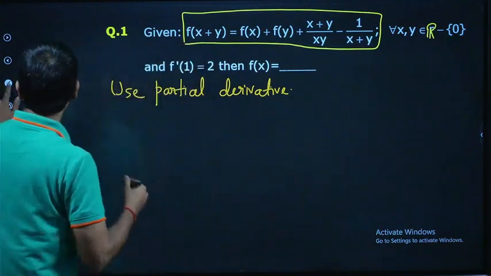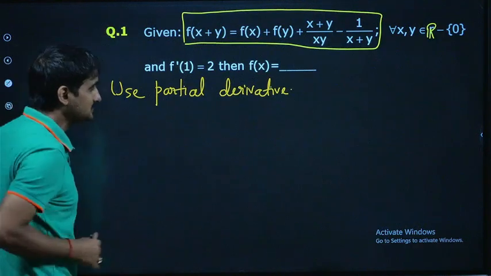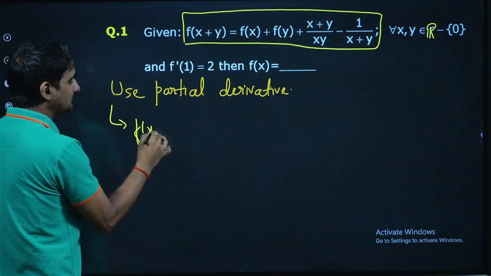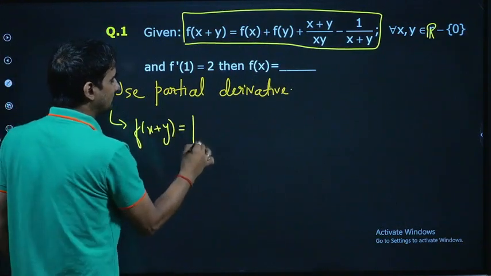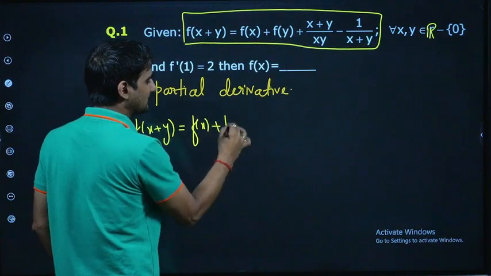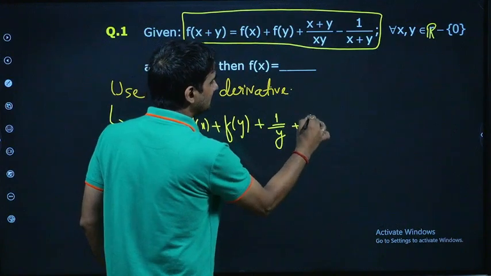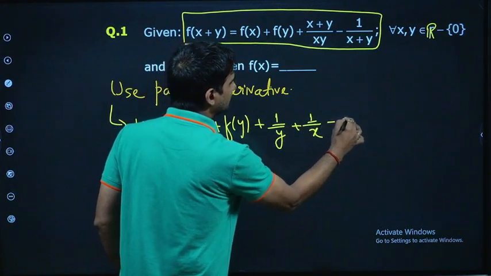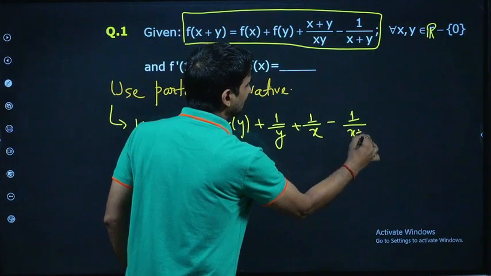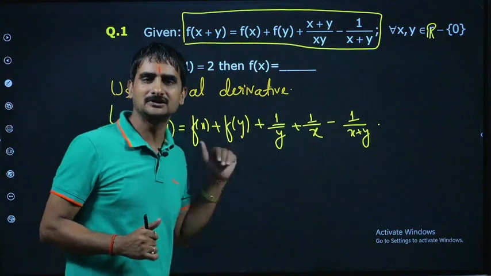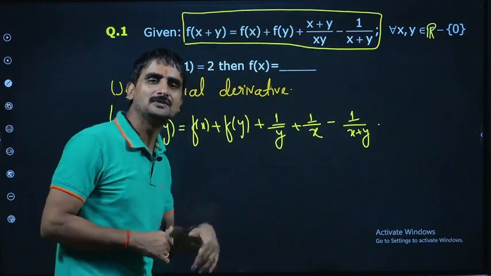So let's start. If I differentiate it, first of all, I would like to simplify it. So what can we simplify? f(x) plus f(y) plus 1 upon y plus 1 upon x minus 1 upon x plus y. Now see, since I am going to use partial derivative, this form is going to be more useful.